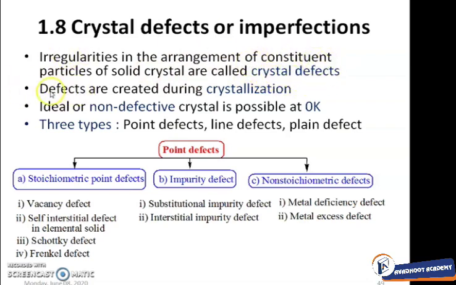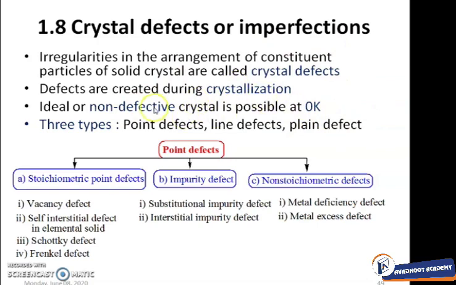So already I told you the crystal defects are created during the crystallization or during heating of a particular solid. A perfectly ideal crystal or non-defective crystal is possible only at 0 Kelvin, and it is very difficult to attain this 0 Kelvin temperature.